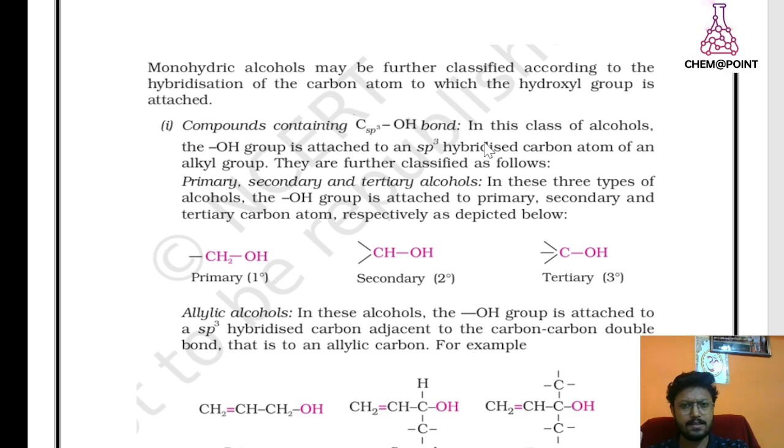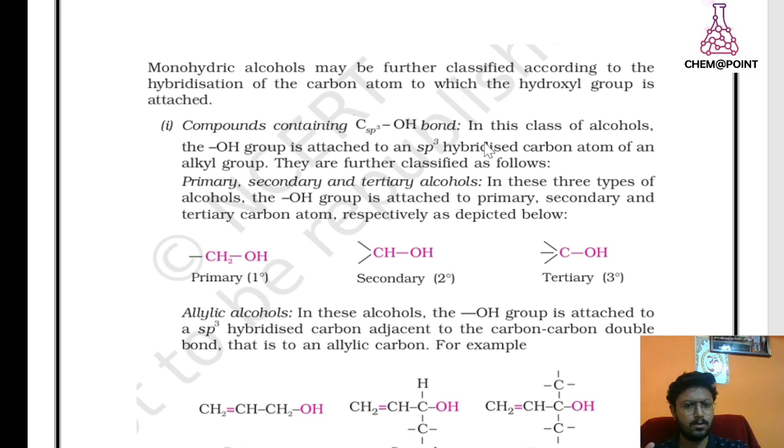In this class of alcohol, the OH group is attached to an sp3 hybridized carbon atom of an alkyl group. They are further classified as primary, secondary and tertiary alcohol. In these three types, the OH group is attached to a primary, secondary and tertiary carbon atom respectively, as depicted below. Just have a look.